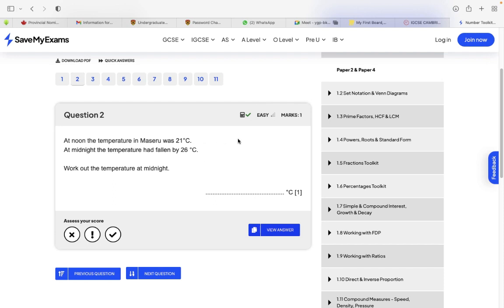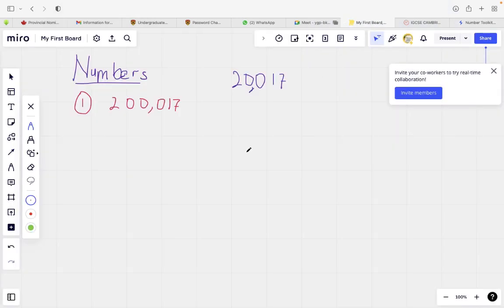So at noon it was 21. At noon the temperature was 21 degrees Celsius. So if temperature falls, we go to minus. If temperature rises, we add. So if it had fallen by 26, we say minus 26.